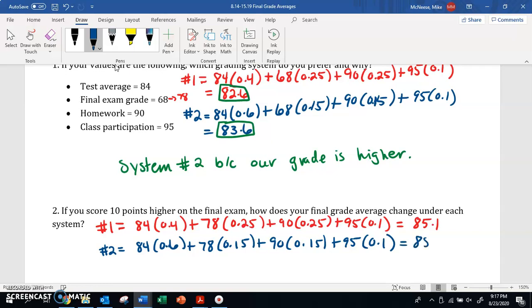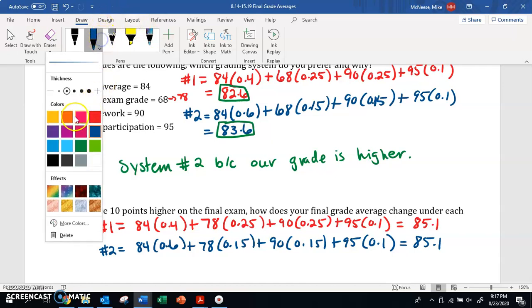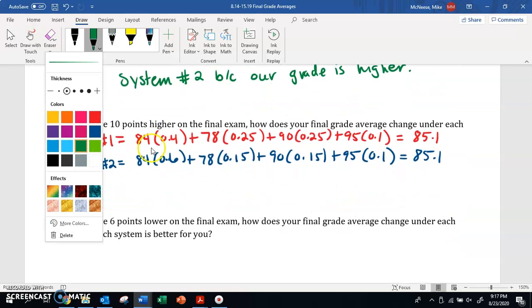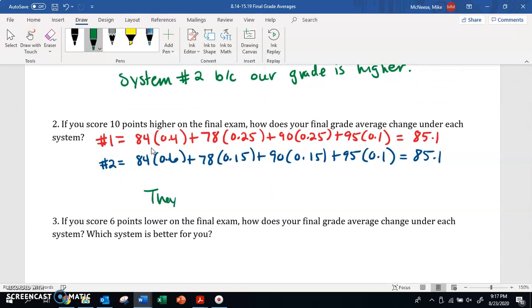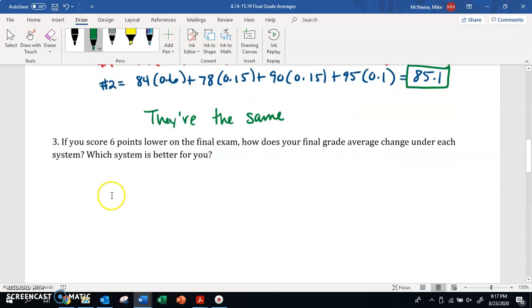If we do that, we're actually going to get 85.1. So in this scenario, if we had 10 points higher on the final exam grade, we would get the same result. There is no difference in either of these final grades, so you can choose either one and you'll still get the same grade.